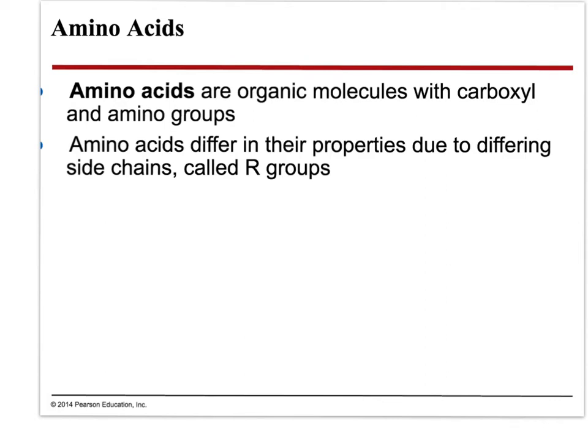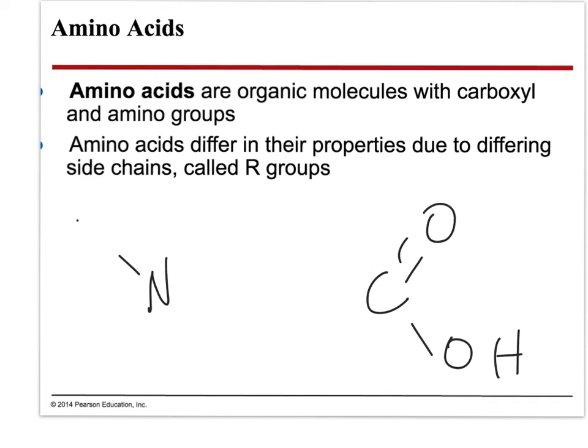What's a carboxyl group? It's a functional group composed of what? Here's your carboxyl: C, double bond O, OH. Carboxylic acid. And on the other end, an amine group is a nitrogen with 2 hydrogens.